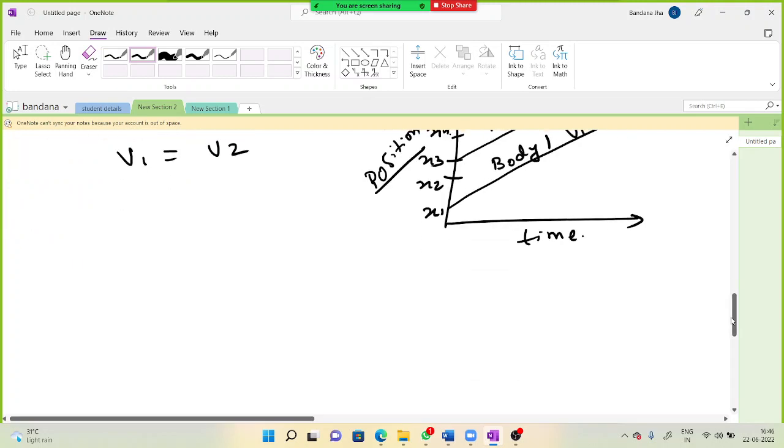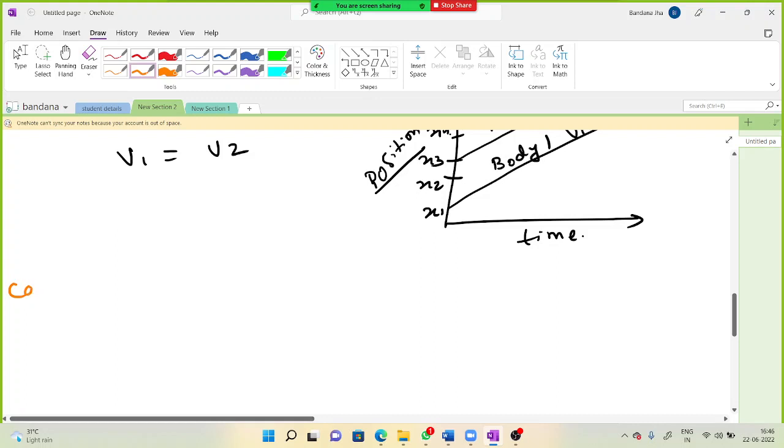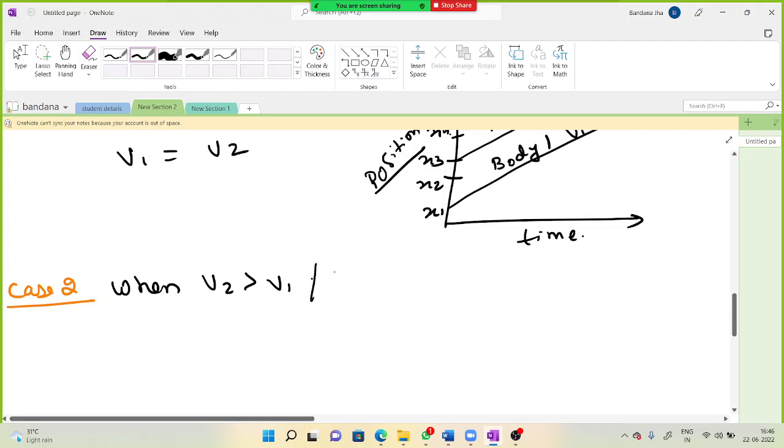Now case number 2: V2 is greater than V1. We find the relative velocity as V2 minus V1.